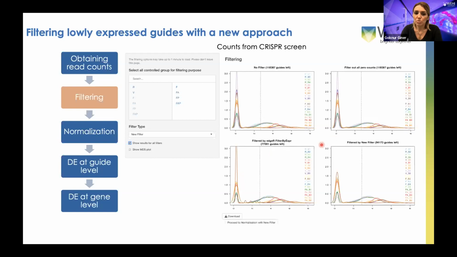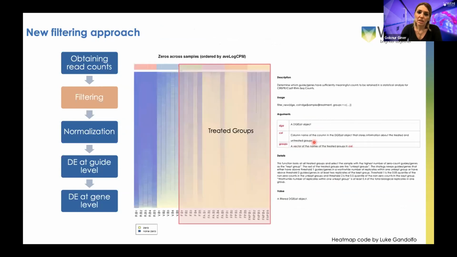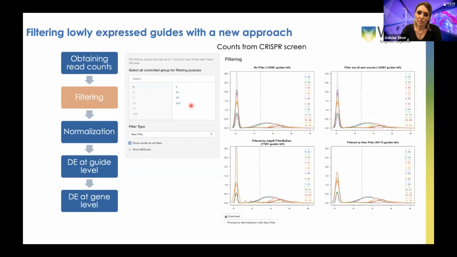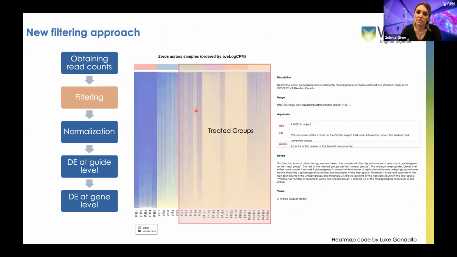So we wanted to propose a new filtering approach, and we did. We kept more guides in the analysis, and most of the guides we removed were guides with low expression. How does this new filtering work? You will see this dialog box here, and here we define the treated samples. The reason we select those is because of how this filtering algorithm works.